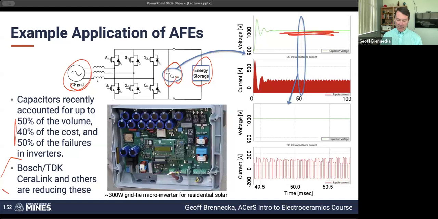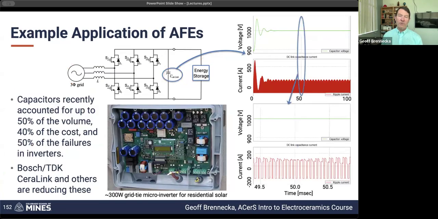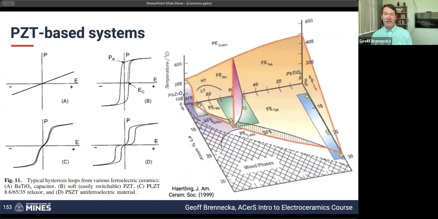By taking advantage of the antiferroelectric response of the capacitor and engineering it so that they could actually get all of this charge out during discharge, they were able to massively reduce the volume needed in those materials. They did this using a PZT-based system, and I'm going to come back to the PZT system again because it's just so darn flexible.